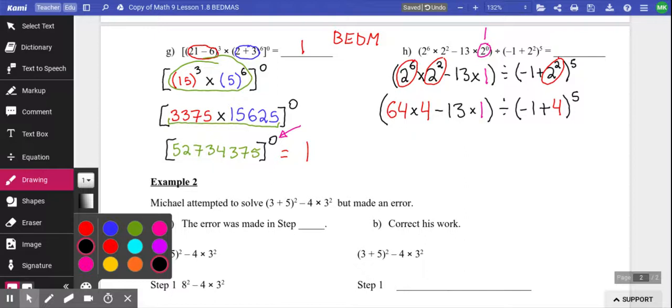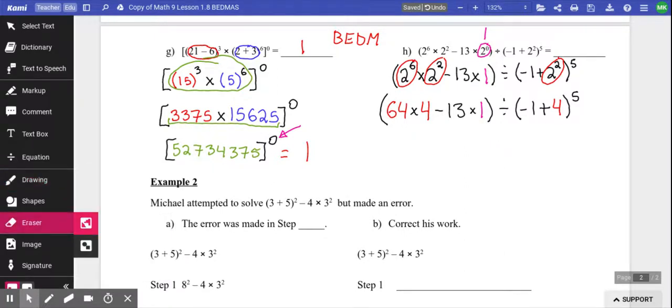No, too much work. Then I do any division or multiplication that's inside the brackets, right? There's a division right now in the middle, but that's not inside the brackets, and I'm only working inside the brackets right now.